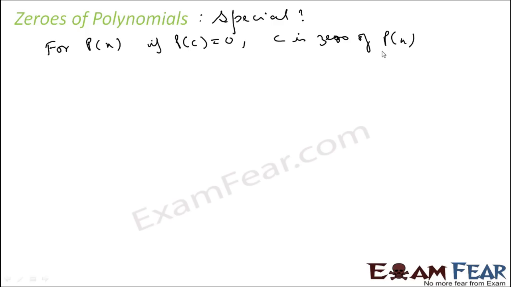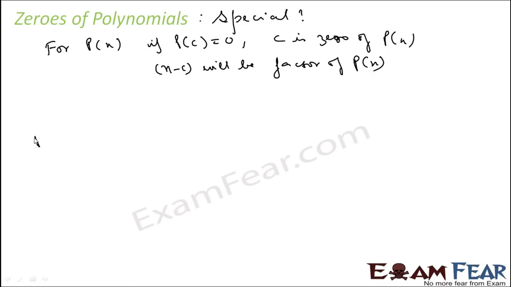I'm just writing the definition once again. If that is the case, then x minus c will be a factor of p(x). This is the concept we'll study later. I'm just introducing you to the concept.